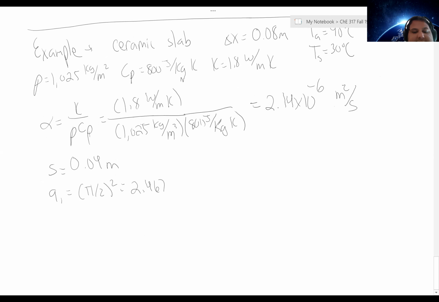And at 3 minutes, since we're looking at the temperature at the center and halfway from the surface after 3 minutes.